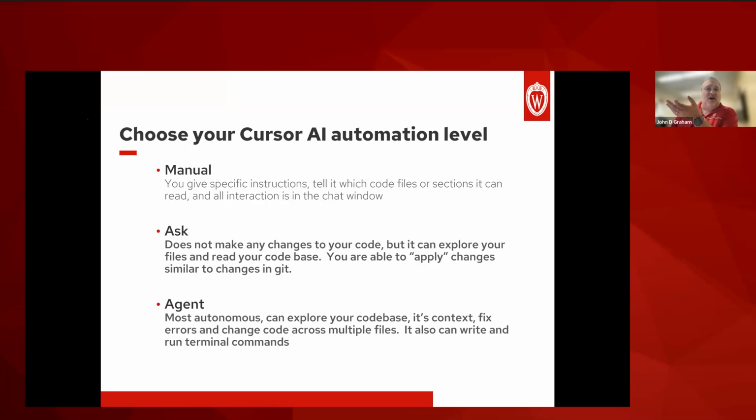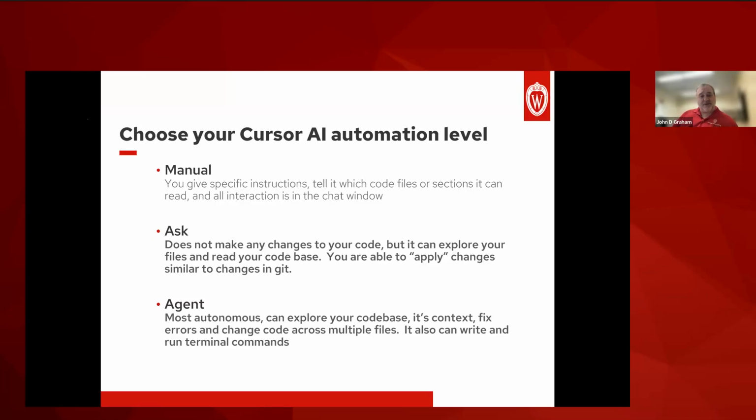With Ask, you have a conversation with the AI, and then it'll give you suggestions on code changes or code from scratch, and it will allow you to apply those. If you're familiar with GitHub or Git from a process standpoint, it'll show you those changes, and then you click accept, and it'll copy that code in for you. And it will also look at multiple files.